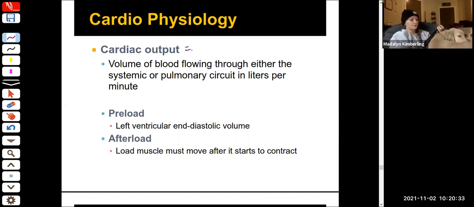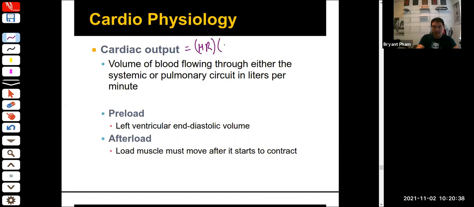Heart rate and stroke volume. Nice. Okay, very good. Two things that can also change cardiac output, but there's not really a variable that we plug into the equation for, are preload and afterload.